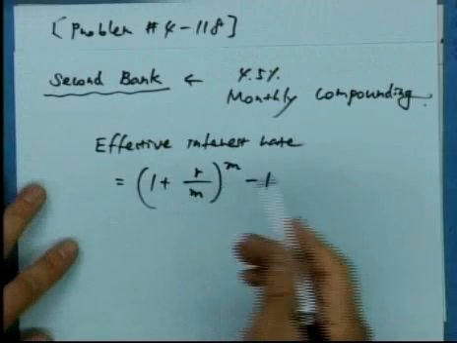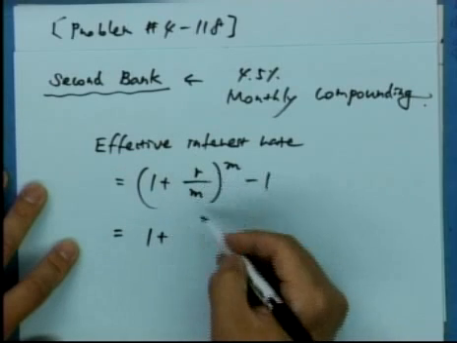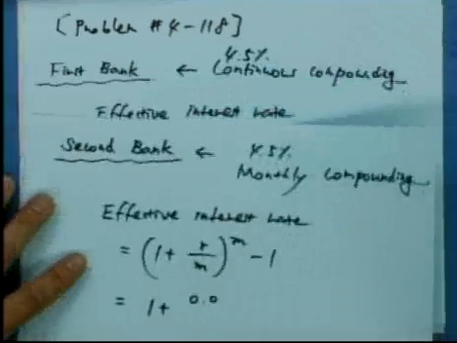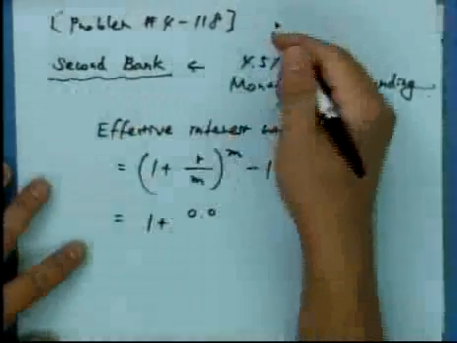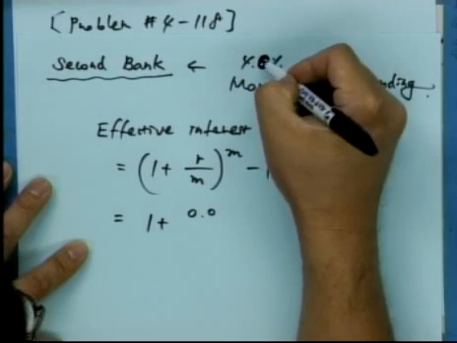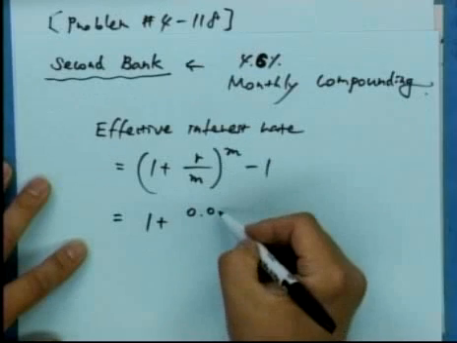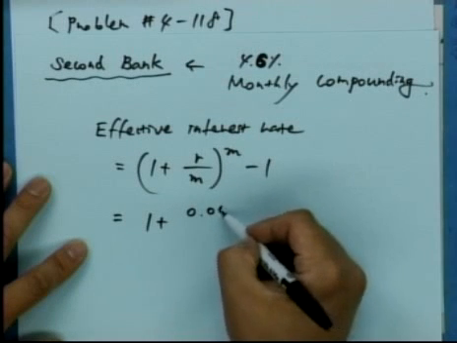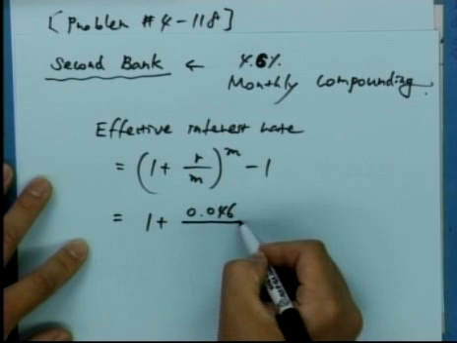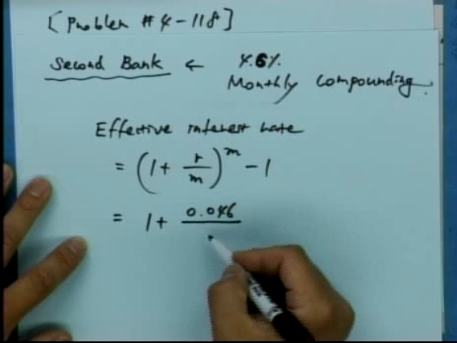We have used this formula earlier. The second bank provides 4.6% compounded monthly. So we are going to use 0.046 divided by m. m would be 12 because there are 12 months in a year.